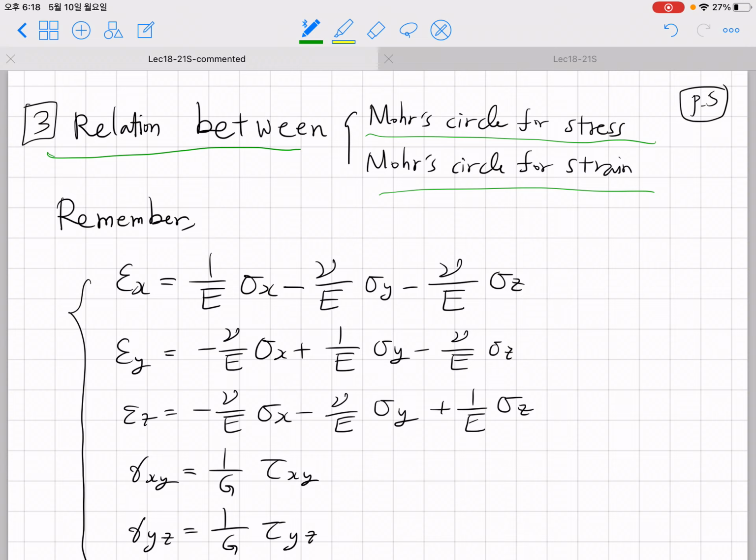Until now, we learned Mohr circle for stress analysis and Mohr circle for strain analysis, and you may wonder what the relationship is between the principal axes and principal stresses obtained from stress analysis and the principal axes obtained from strain analysis. To get the answer, you have to get to the basics.